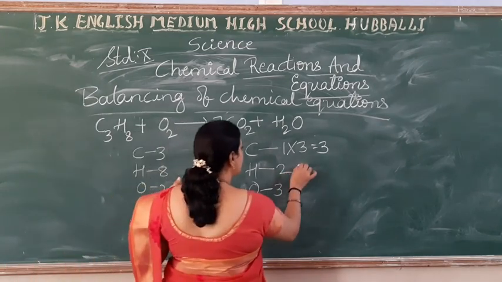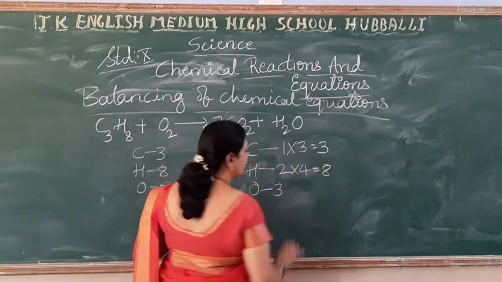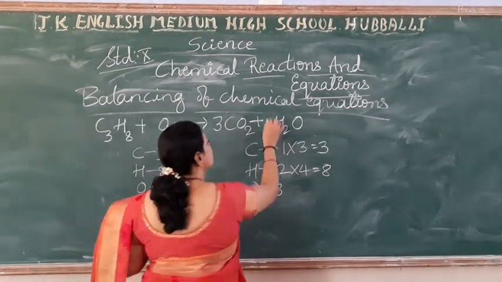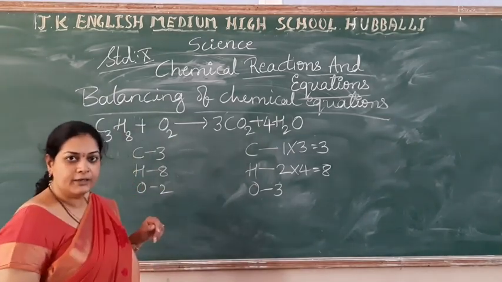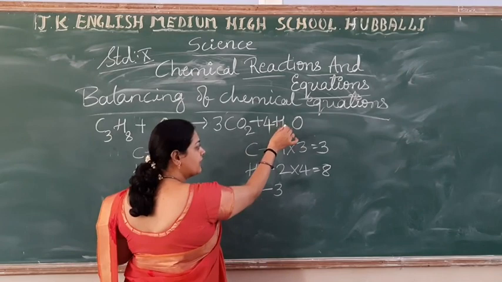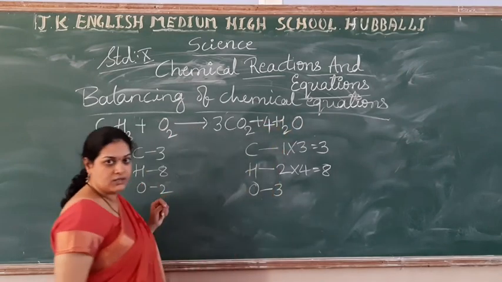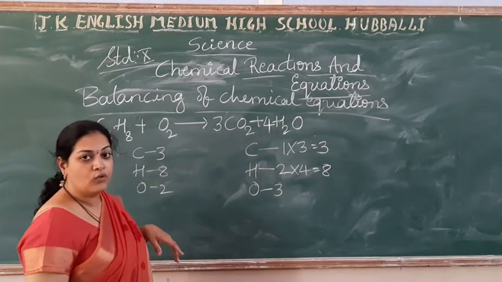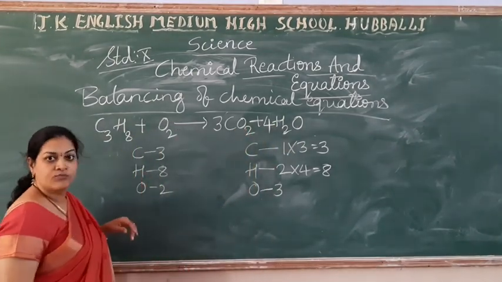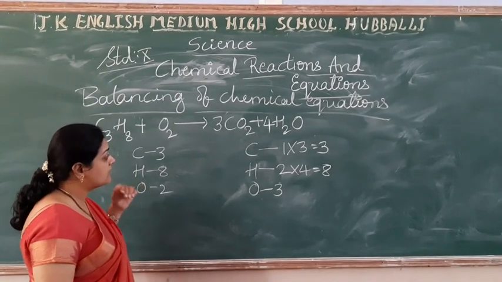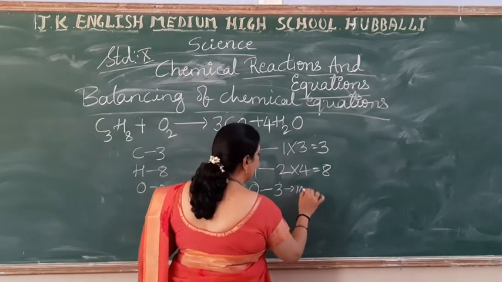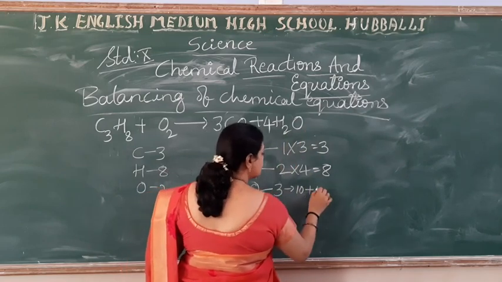So let me multiply this with 4 so that I can get 4 2s are 8. So where should I write that 4? Correct? What is the meaning if you write 4 there? You are multiplying this 4 with hydrogen as well as with the oxygen. So here count the number of hydrogen now. 4 2s are 8. Here already 8 are there. Okay. What about oxygen? 3 2s are 6 plus 4 1s are 4.